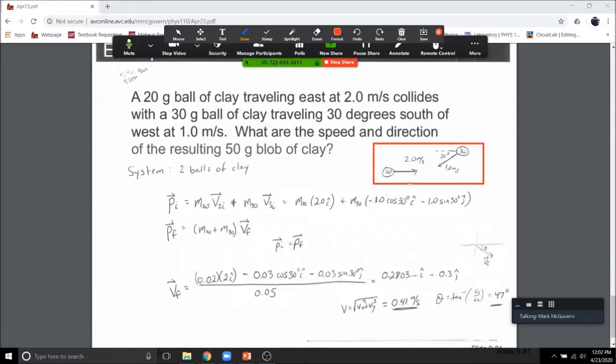The -1 cosine 30 is this component, okay? And then we have a -1 sine 30, which represents the object's y momentum, or y velocity. And of course, we multiply that, so the mass times the velocity vector is going to be the system momentum for that object, right?